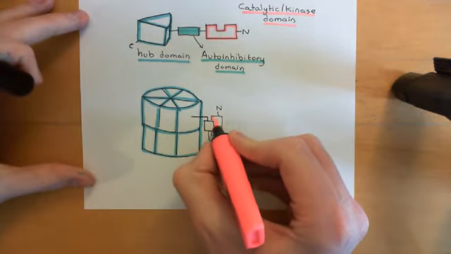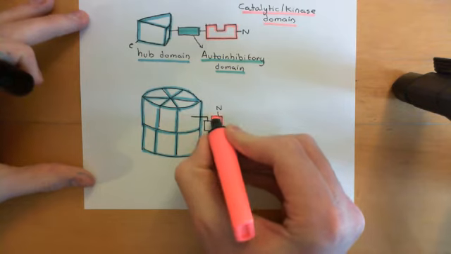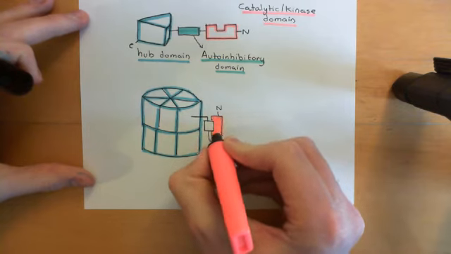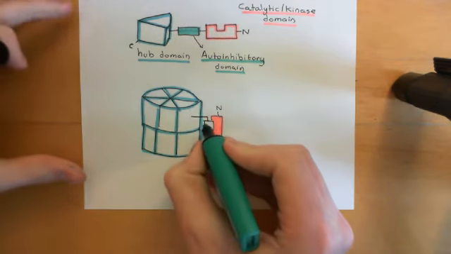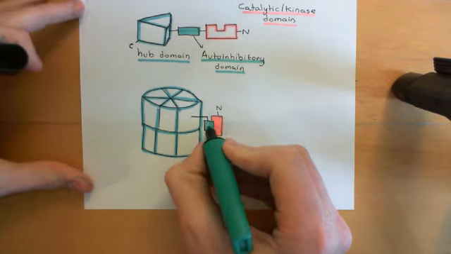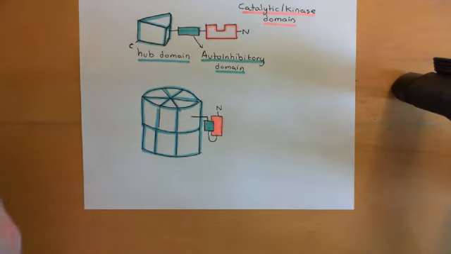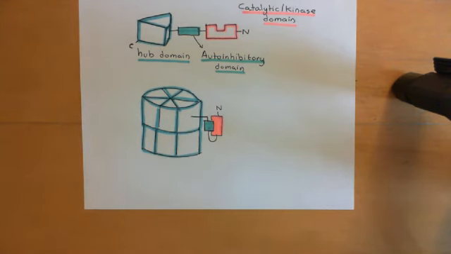So here in red, this is the catalytic domain rather of our CamKII 2 monomer, and then we've got the autoinhibitory domain here, which is inhibiting the active site of that catalytic domain.